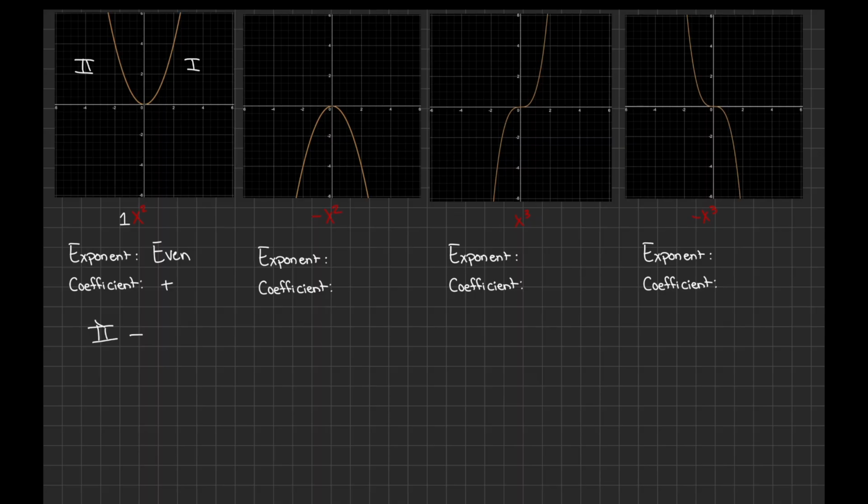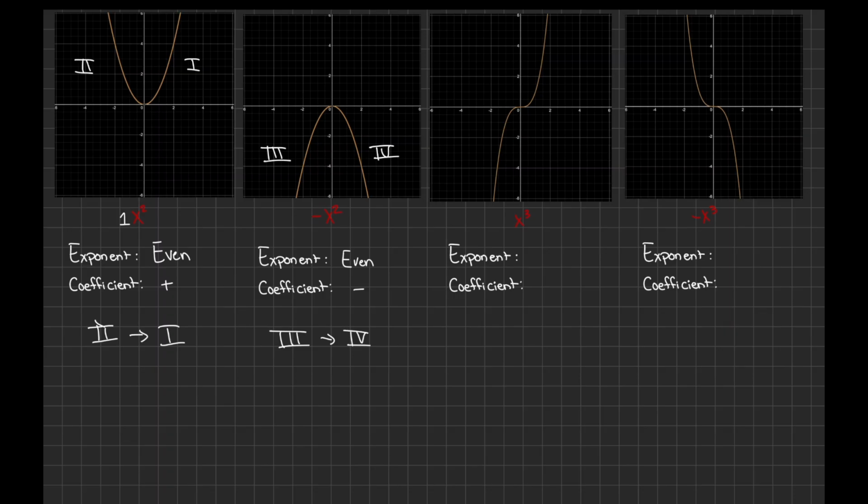So we'll just write that there to quadrant 1. But we can see if the exponent is still even, but the coefficient is negative, we can see we just go from the third quadrant to the fourth quadrant, just like that.